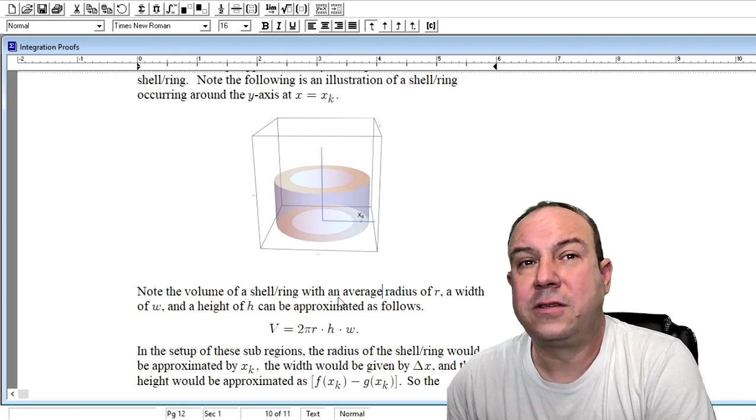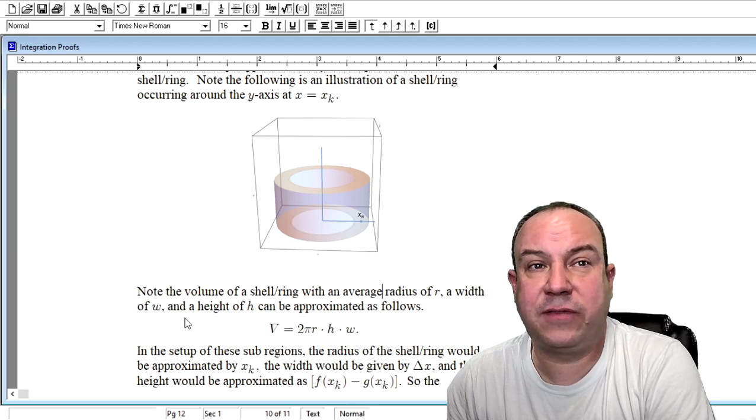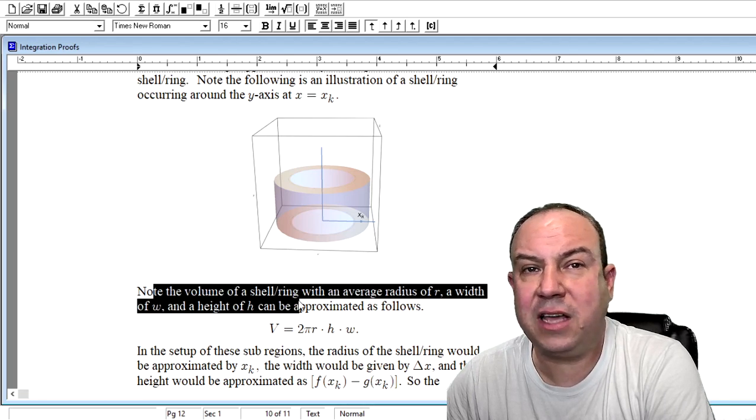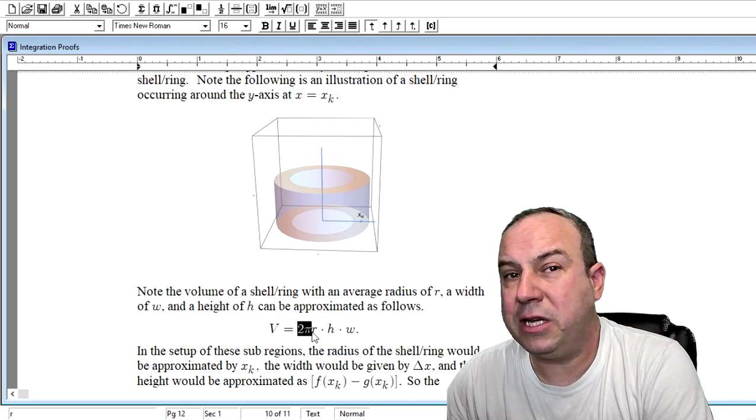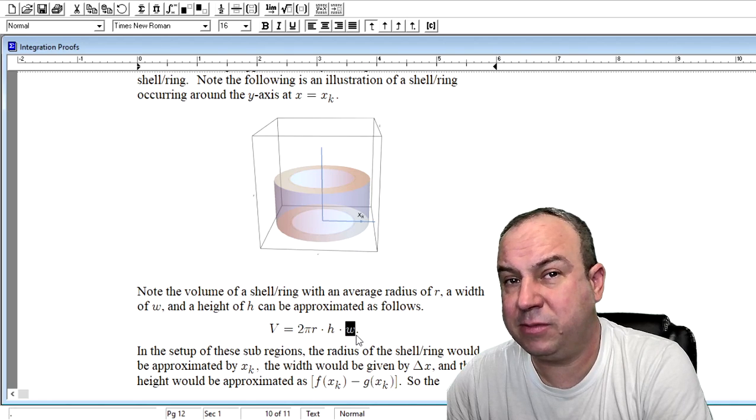So with an average radius of r, a width of w, and a height of h, the volume of the shell or ring can be approximated as follows. It is going to be 2 pi r times h times w.